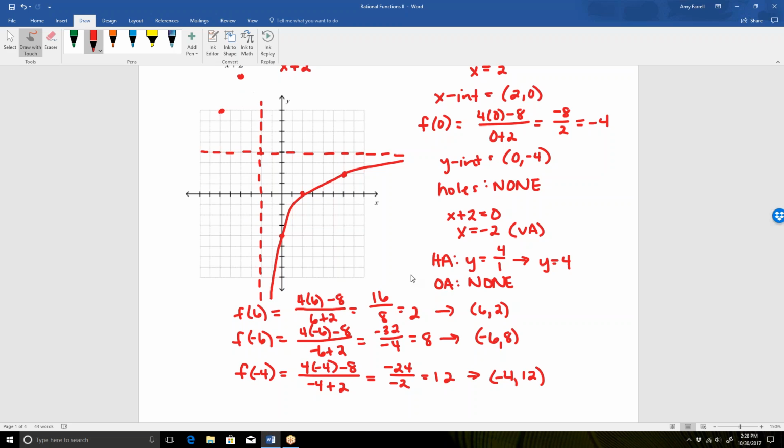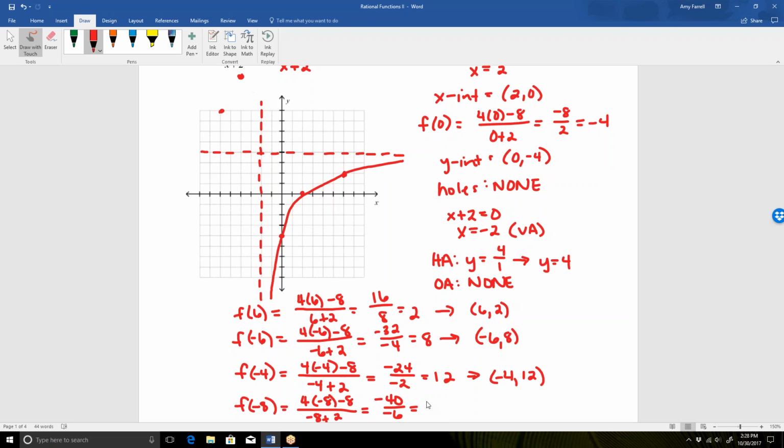Maybe we could plug in -8. Again, it's probably not necessary to find this many points. Okay, let's see what we get by plugging in -8. Plugging in -8 would give us -40 over -6. So that's going to be a decimal, but that's okay.